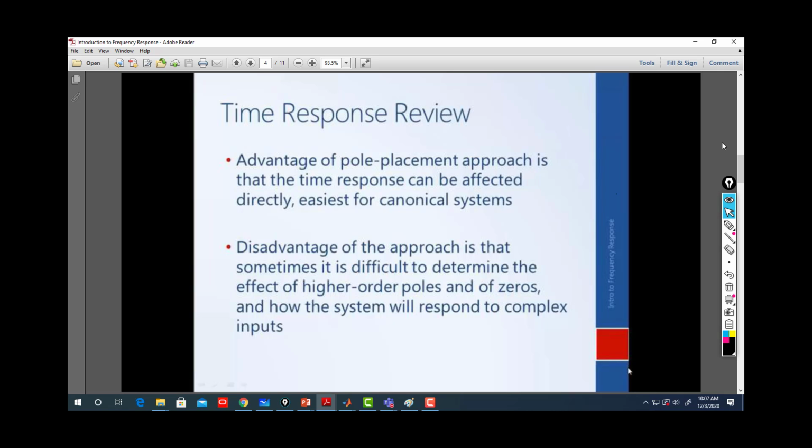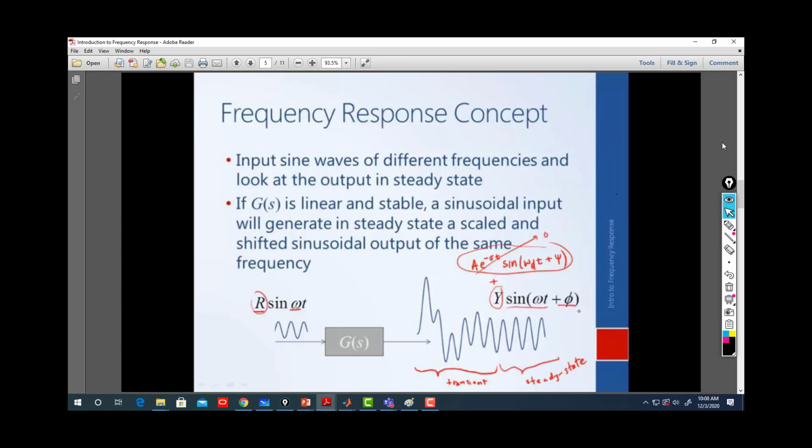What if the system is more complex than that? Then it's difficult to determine how the system will respond to a complex input. However, in the frequency approach, we can predict how the system will behave for any complex input, as I told you last session.